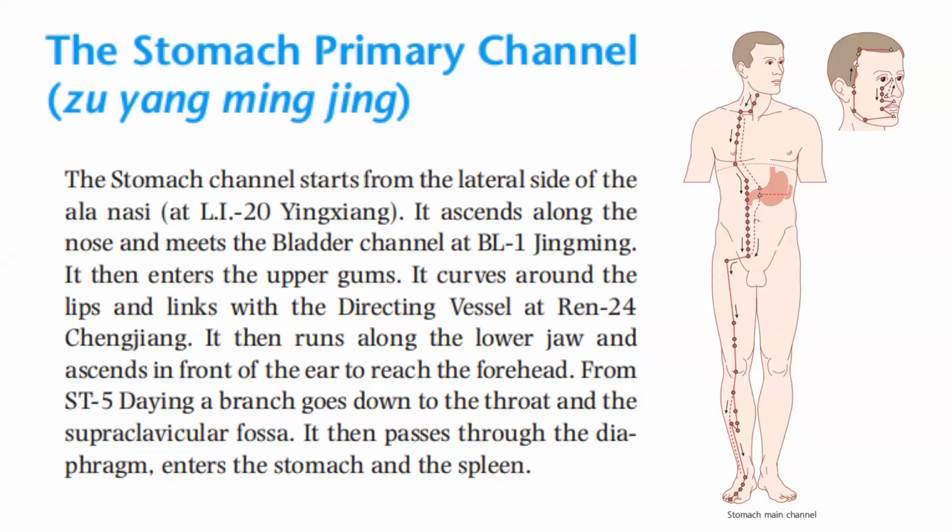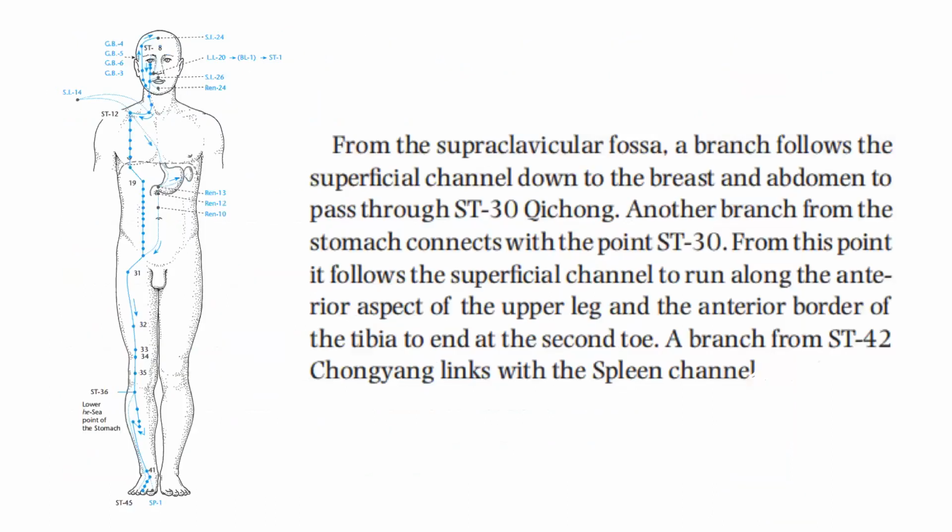From Stomach 5, a branch goes down to the throat and the supraclavicular fossa. It then passes through the diaphragm, enters the stomach and the spleen. From the supraclavicular fossa, a branch follows the superficial channel down to the breast and abdomen to pass through Stomach 30.